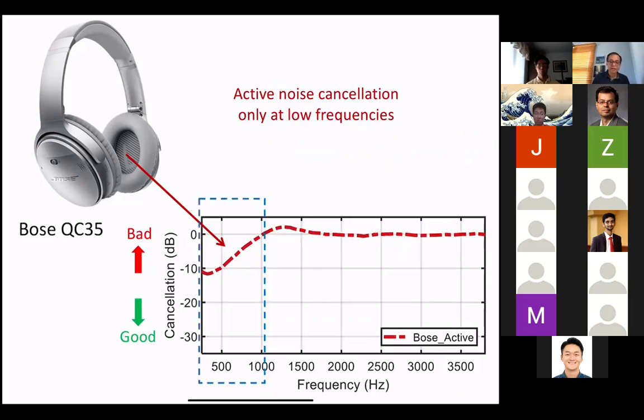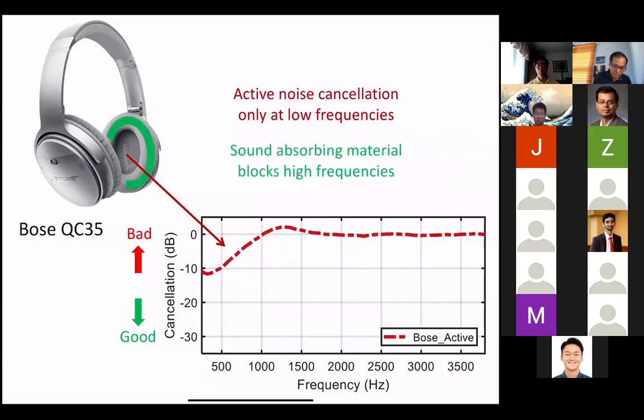Well, this is where this material, the sponge that is on your headphone, plays a very crucial role. Okay. And this is why it is difficult to design a noise cancellation headphone that is hollow, meaning that's passed through. That's very hard. Because for this part of the frequency spectrum, you need that sponge.